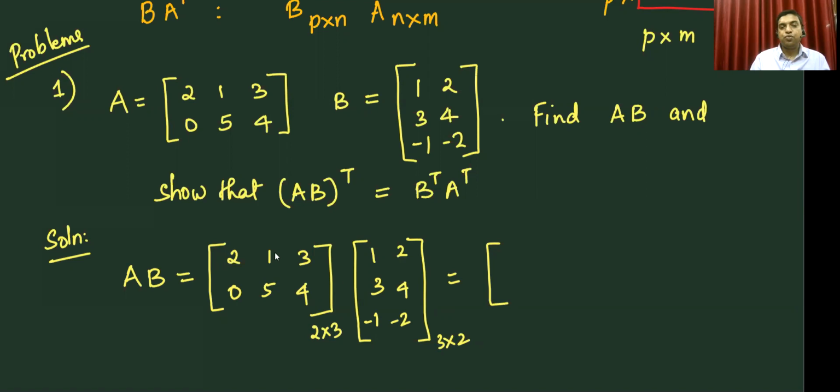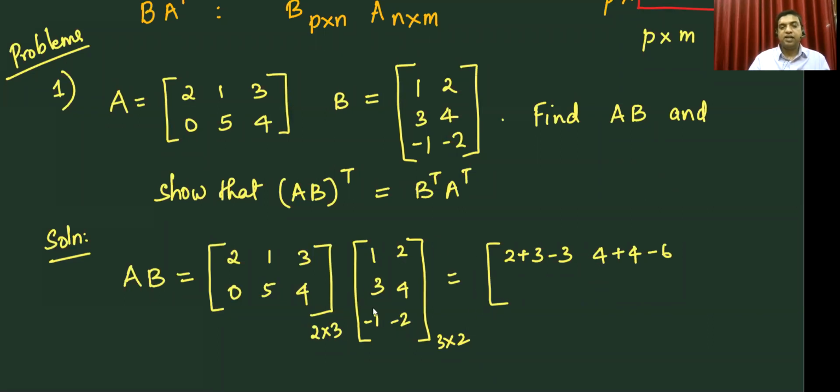So 2 into 1, 2, plus 1 into 3, 3, plus 3 into minus 1, which is minus 3. Next, first row, second column: 2 into 2, 4, plus 1 into 4 is 4, then 3 into minus 2 is minus 6.